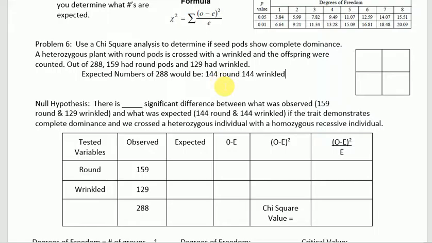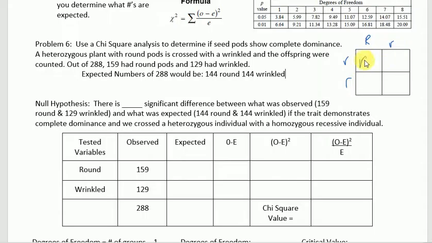We also need to determine what our genotypes are going to be. So wrinkled is going to be the recessive. So we are going to have wrinkled, and it said heterozygous, so we know this will be big R, little r.